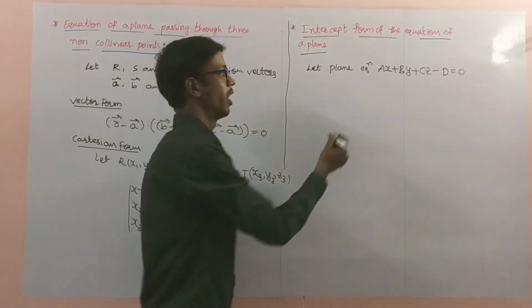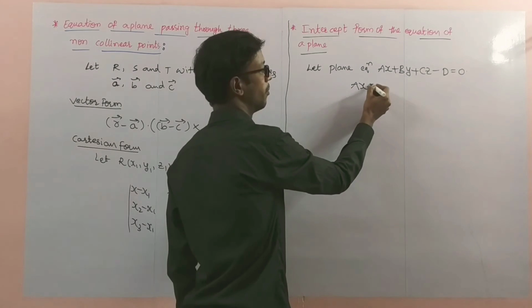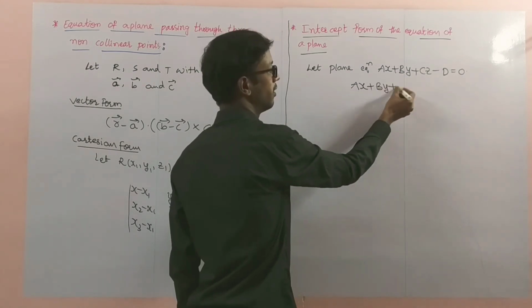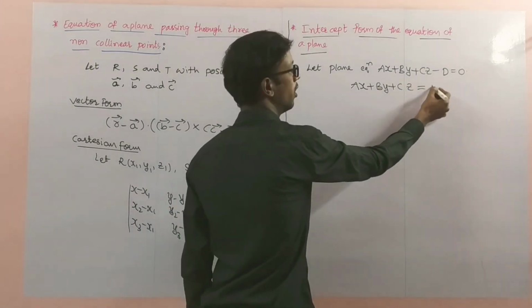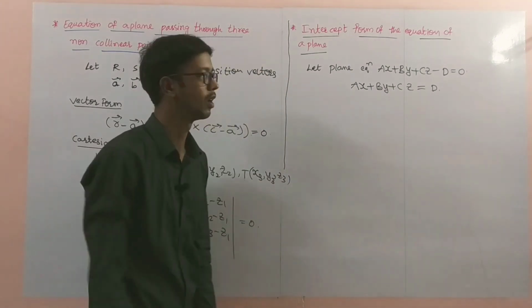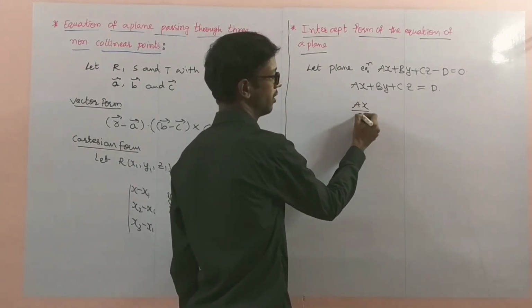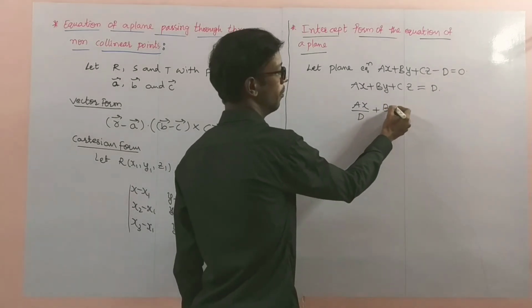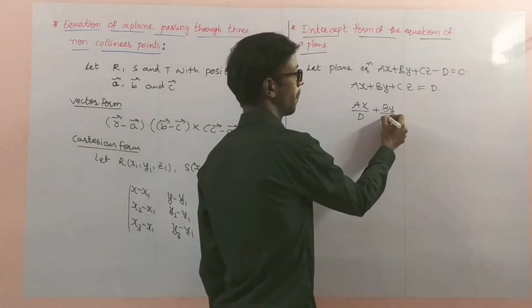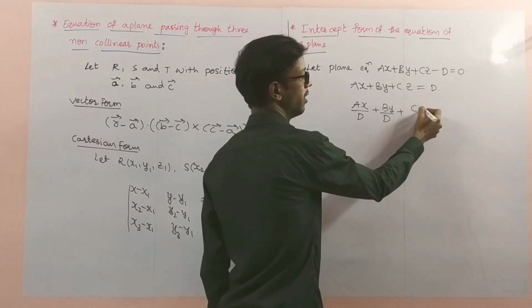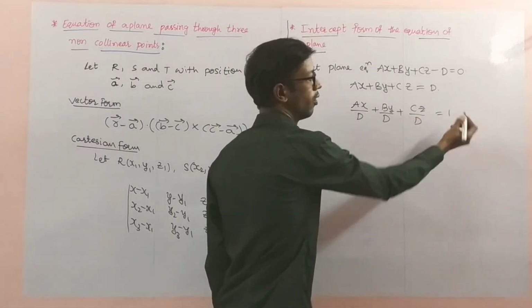First, to convert this: ax plus by plus cz equal to D. Dividing the whole equation by D: ax by D plus by by D plus cz by D equal to 1.